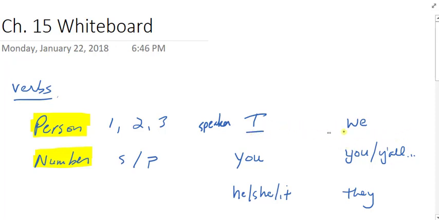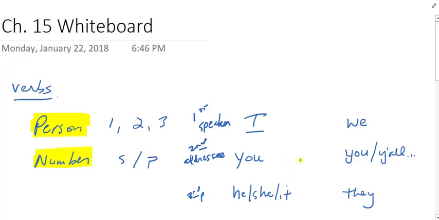But Greek is going to have some endings that distinguish these. The addressee will be second person. Okay? So first, second, you versus you or y'all or youans or you guys. And then third person is everybody outside of the speaker and addressee. And that is he, she, it, or they.